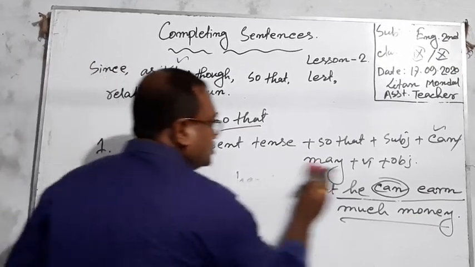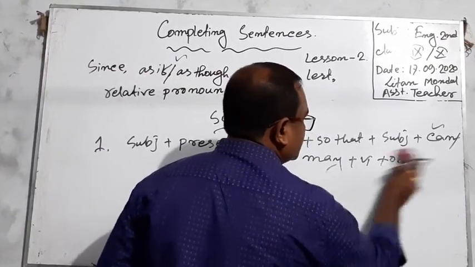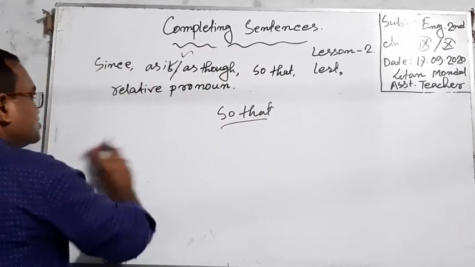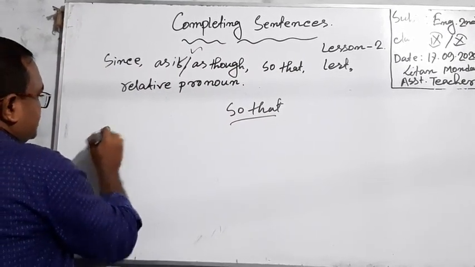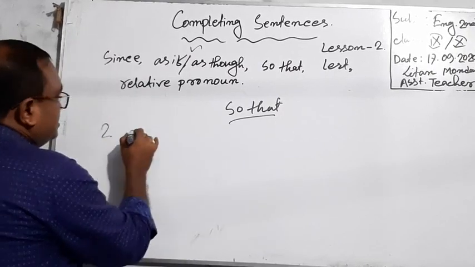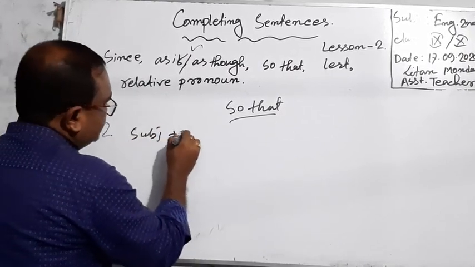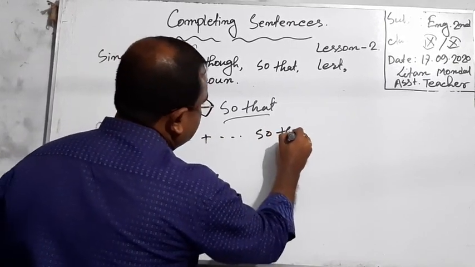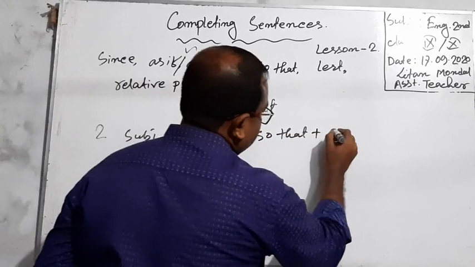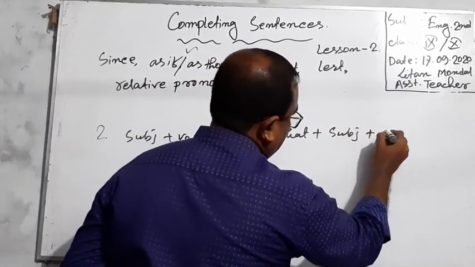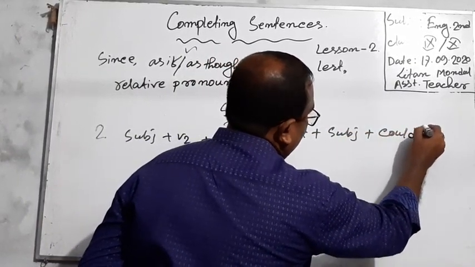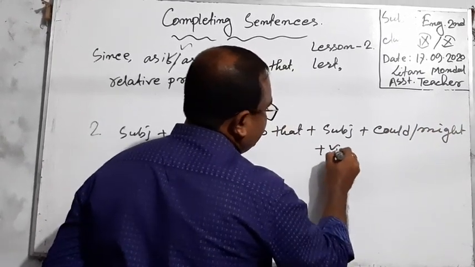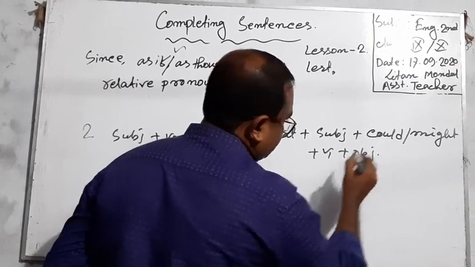And now we will see the second structure according to the characteristic of so that. The second structure, subject plus V2, this is past indefinite tense, plus so that, plus subject, plus could or might plus V1 plus object.